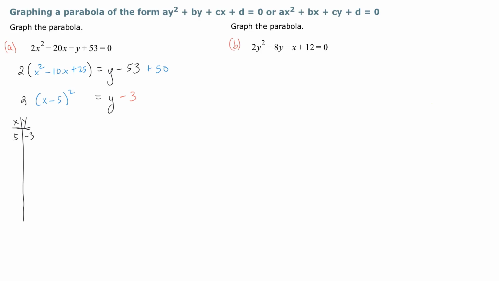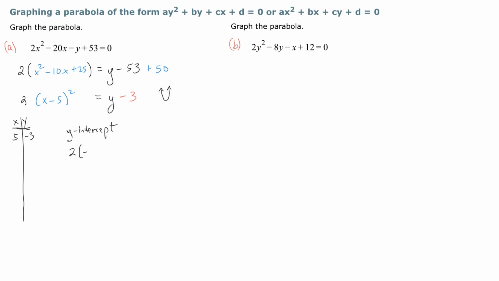And this parabola is opening up. It's actually opening in the up direction. So it's very likely that it has a y-intercept. So why don't we look for the y-intercept? If we look for the y-intercept, that means that's when x is 0.